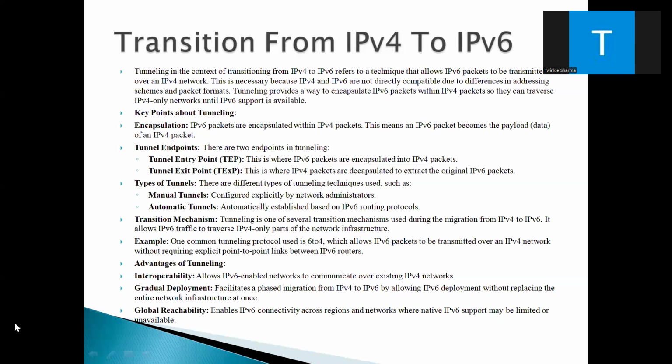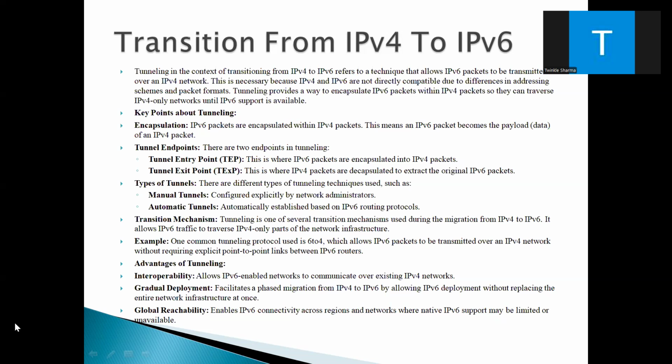Then key points about tunneling. Encapsulation: IPv6 packets are encapsulated within IPv4 packets, right? I have explained it in the normal way. This means IPv6 packets become the payload data of an IPv4 packet. Tunnel endpoints: there are two endpoints in tunneling, the tunnel entry point and the tunnel exit point.